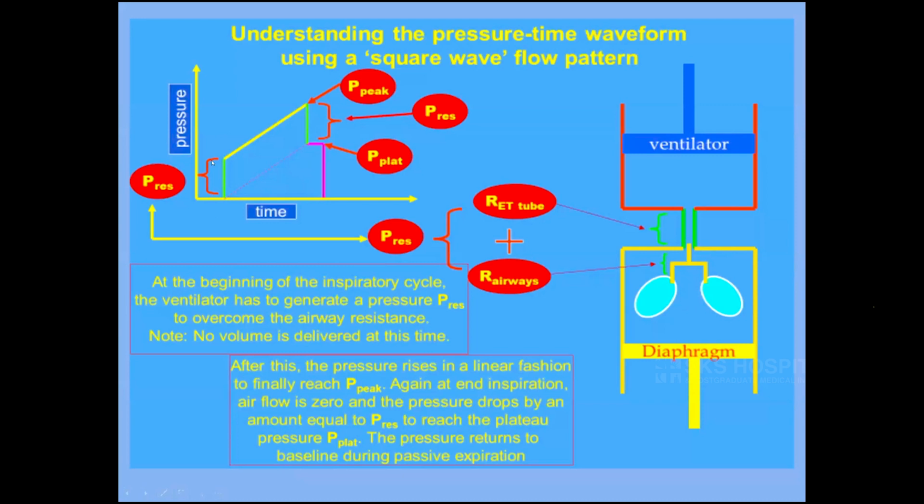So the small red line that connects time 0 to the point where the pressure drops from the peak inspiratory pressure down, there would be no flow of air, and that would equate to the alveolar pressure, depicted by the plateau pressure. So this is a typical pressure time scalar. And we have seen the equation of motion of the respiratory system, how the pressures are being added on, and that would be the pressure the ventilator overcomes to deliver a single breath.